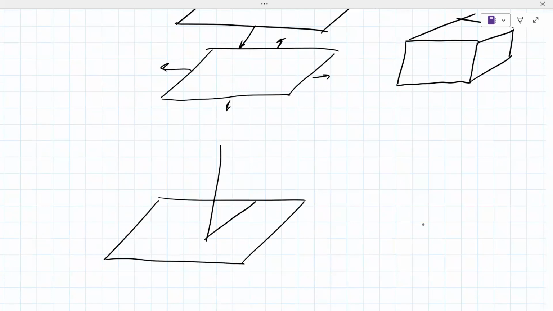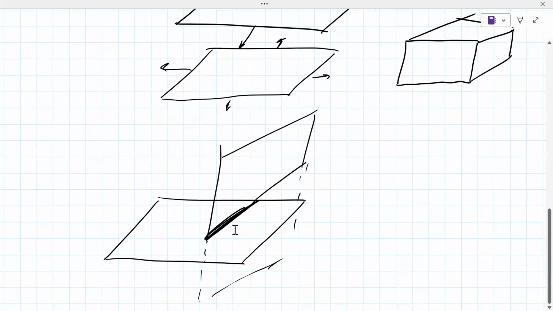Like imagine, this is not drawn great, but imagine that intersects in kind of that line there. That's the intersection of them. It's hard to draw a plane in two-dimensional space because a plane is 3 dimensions and I only have a 2-dimensional space.